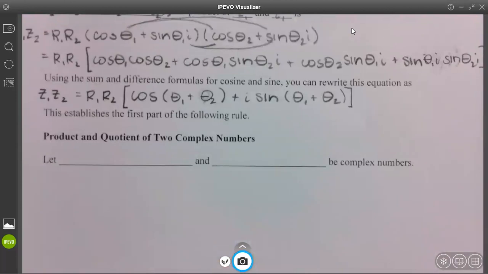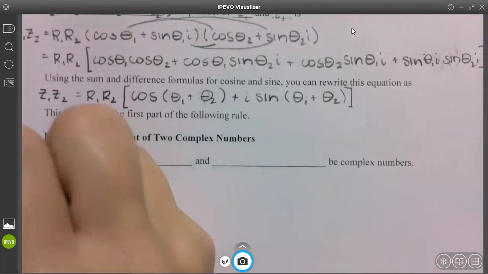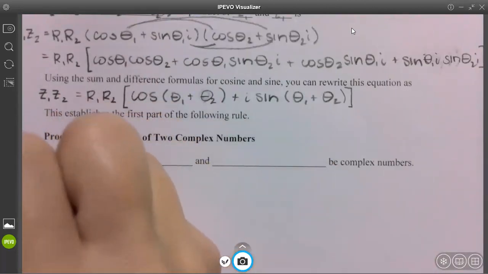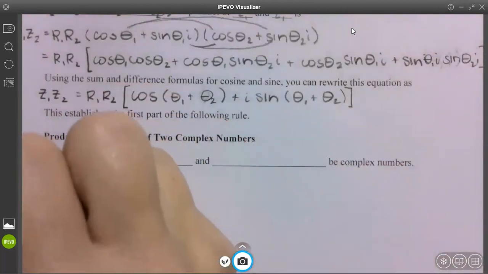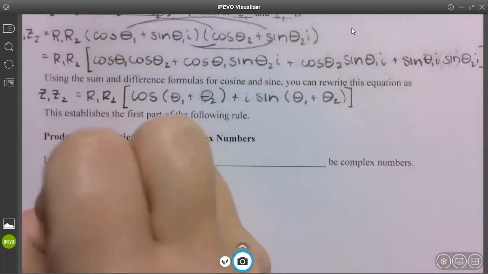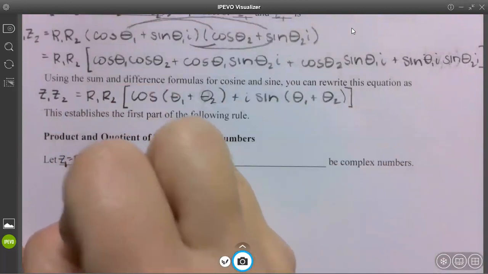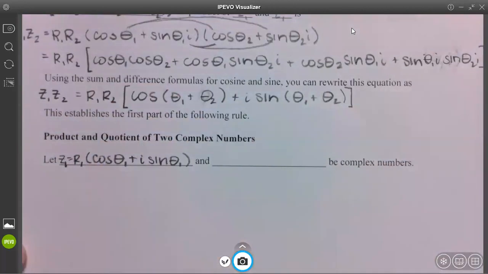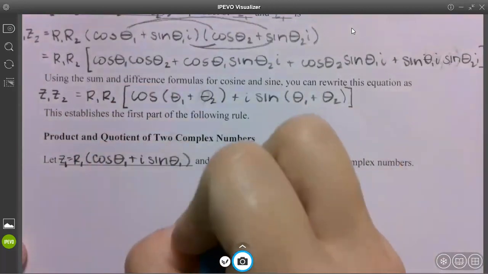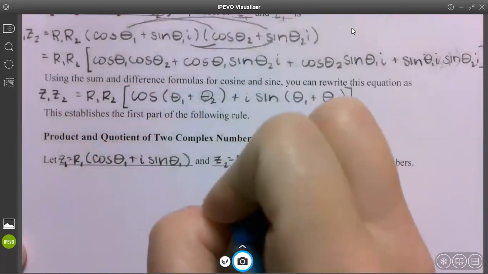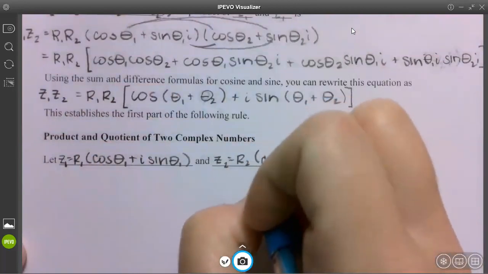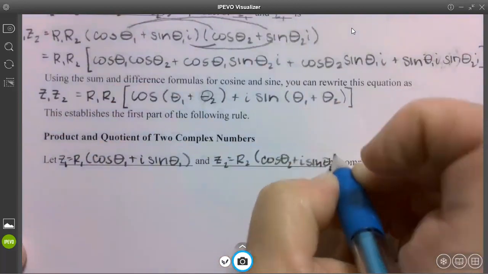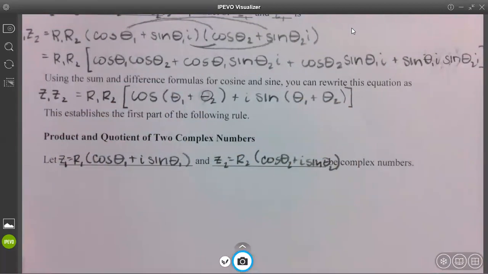Product and quotient of two complex numbers. So let Z1 equal the same thing that we wrote earlier, r1 cosine theta 1, and remember I said sometimes they'll put the i in the front. I do not care where you put it, so I'm going to put it in the front this time. Z2 is going to look the same way, just with little twos: r2 cosine theta 2, i sine theta 2, be complex numbers.